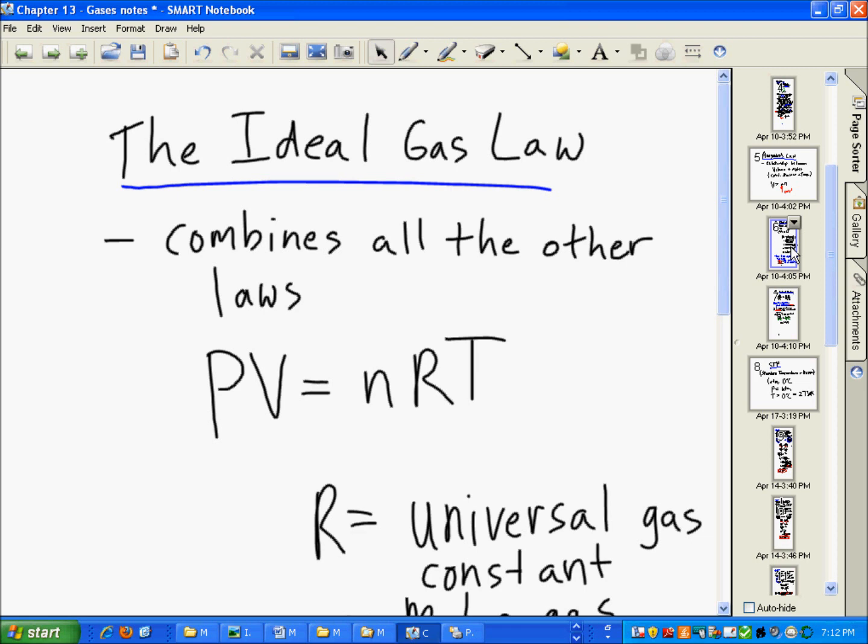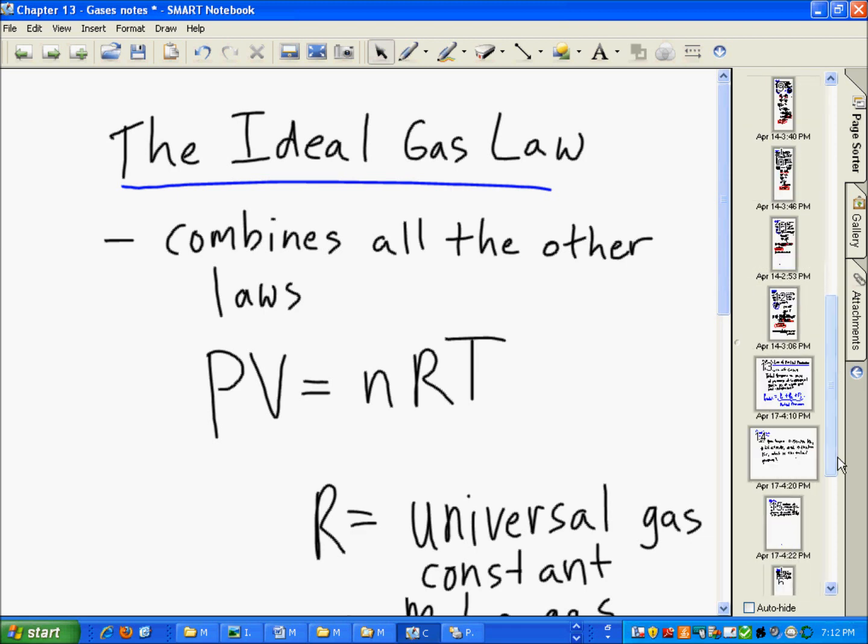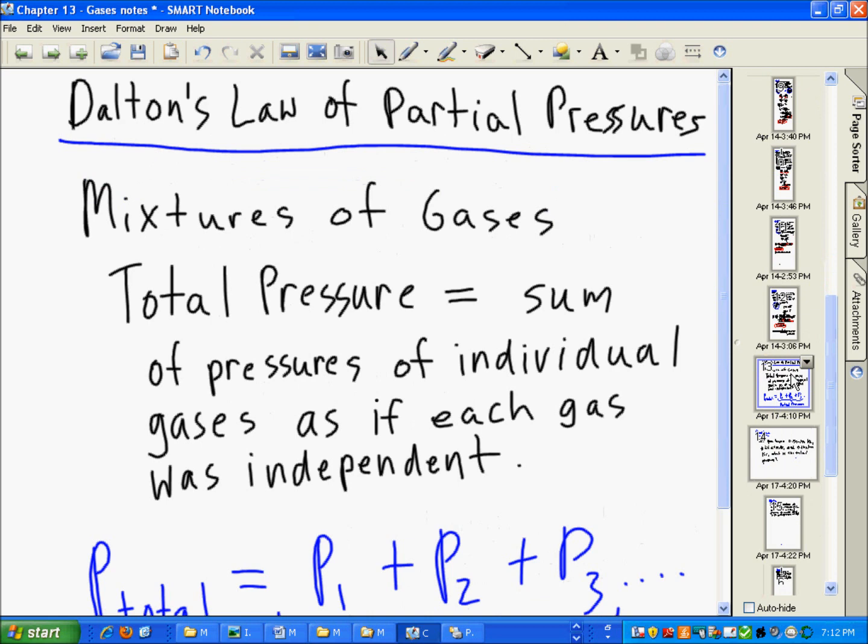So some of the corrections to the ideal gas law can get quite complicated as they try to get a better and better approximation. Okay, so we're going to move on to talk about Dalton's law of partial pressures, and it deals with mixtures of gases.